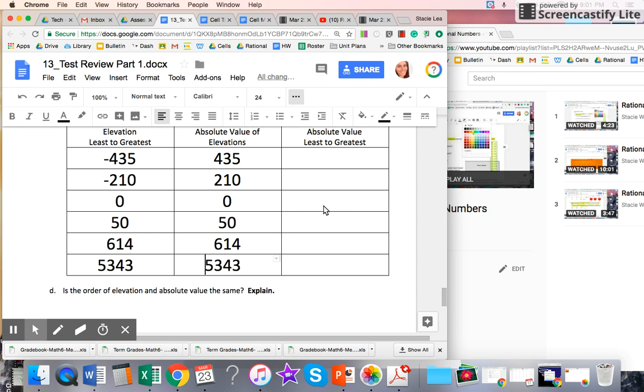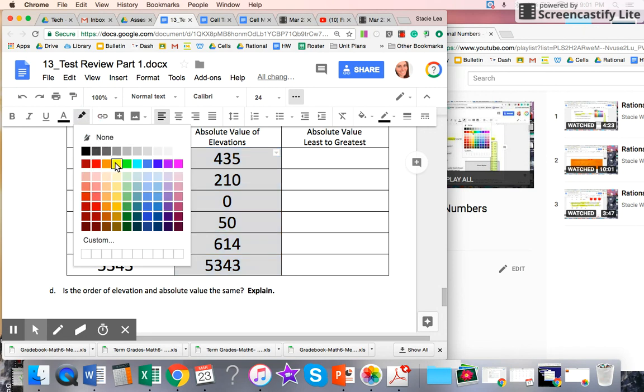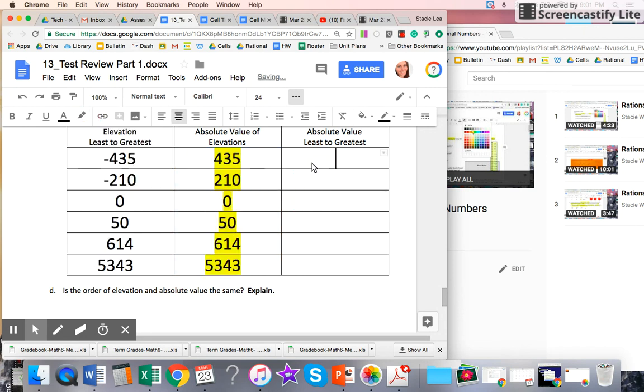Okay, so now I've got absolute value of elevations, and now I have to take absolute value least to greatest. Okay, so now I'm looking at this column. If I had my highlighter in front of me in class, I would highlight this column just to focus. My first number now is 0. Then if I look down, 50 is my next. Then 210.